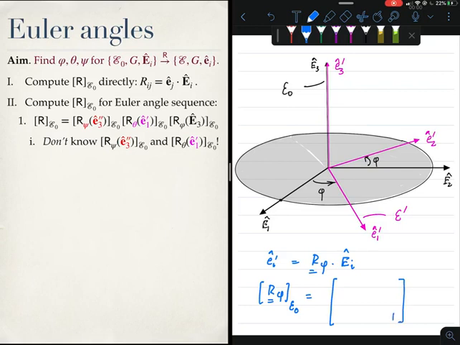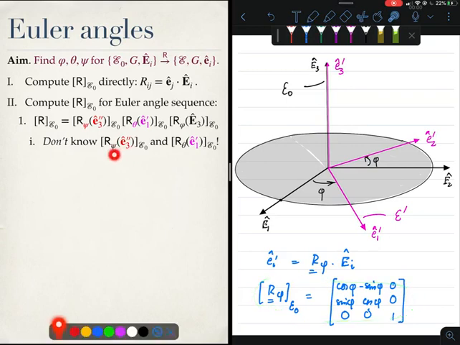So its matrix will actually be very simple: cosine phi, minus sine phi, sine phi, cosine phi. So R phi in E0 we know, okay, but we do not know the other two.